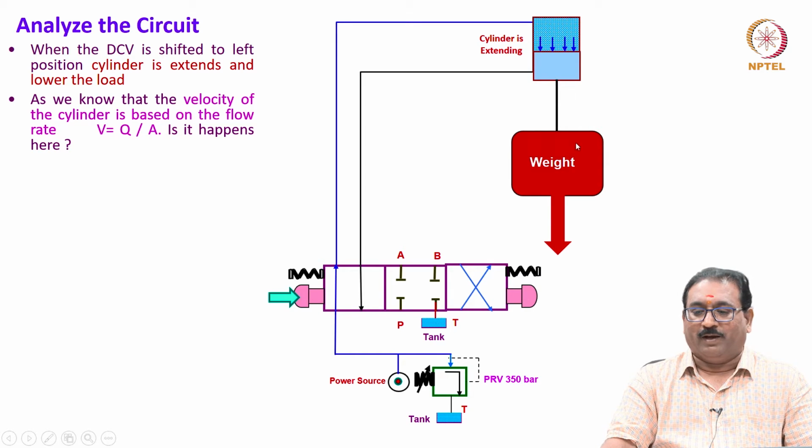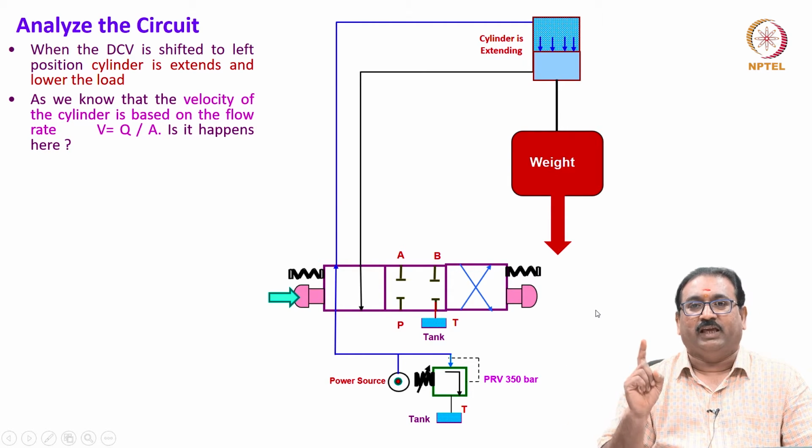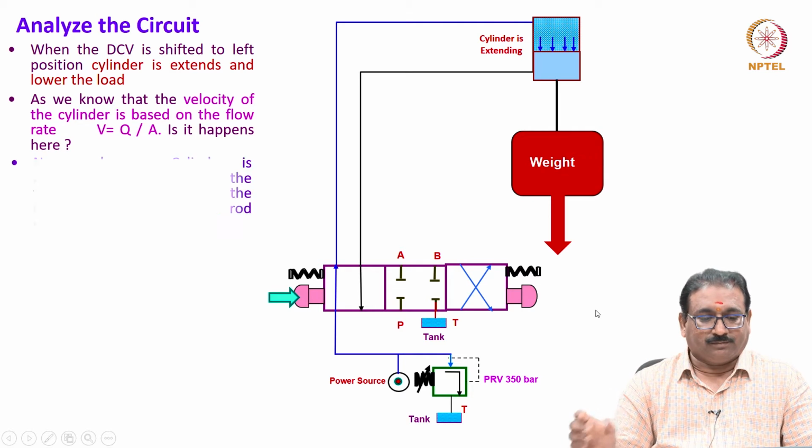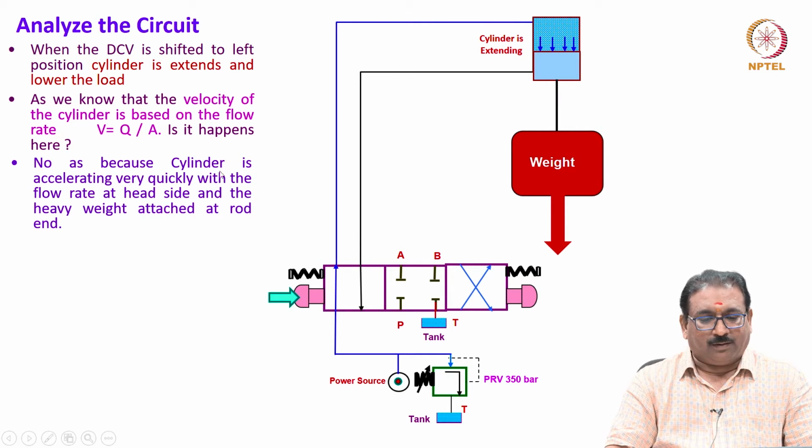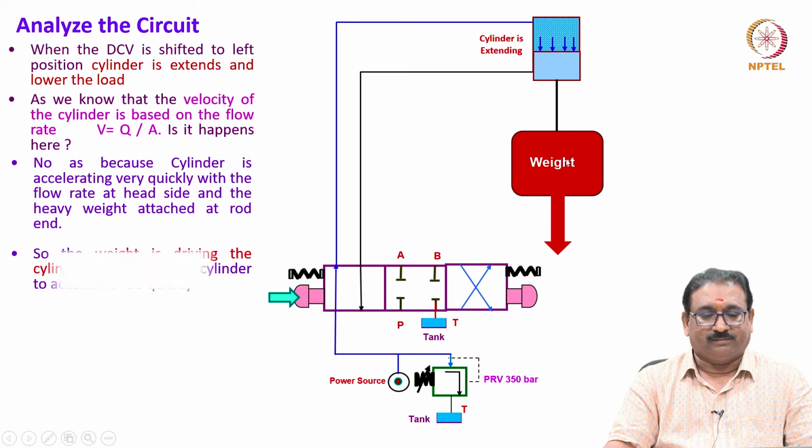No. Why? Because the heavy load is there, meaning the load drives the cylinder instead of the cylinder driving the load. Then it will go and hit the ground. This is not the case. See, here the cylinder is accelerating very quickly with the flow rate at the head side and the heavy weight attached to the rod side.